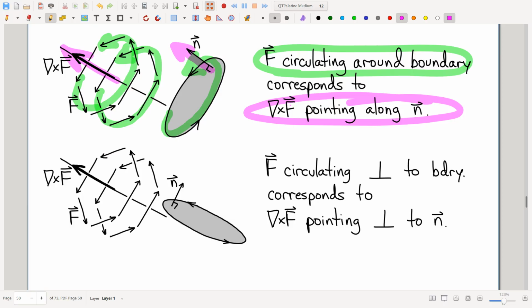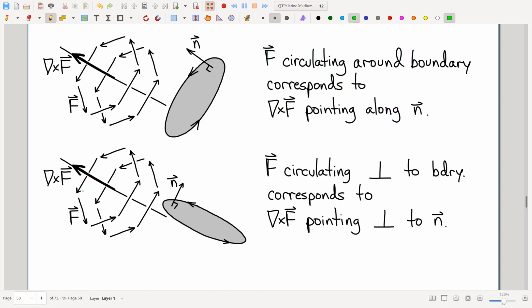And then analogously, let's consider the same rotating fluid. But this time, let's suppose we're interested in how it rotates along this boundary curve. And it doesn't really.